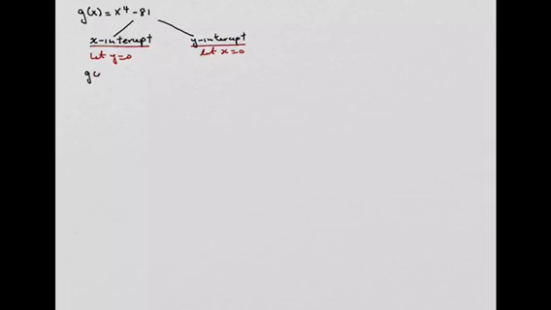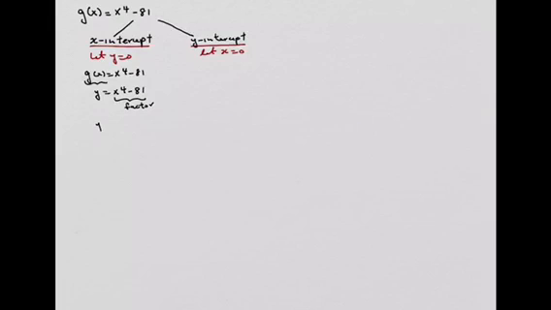So g of x is equal to x to the fourth minus 81. Keep in mind that g of x is the same as y equal to x to the fourth minus 81. Now, since this is not linear, what we'll do is try to factor this.